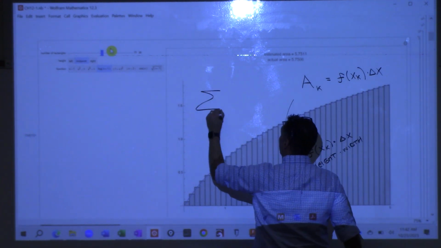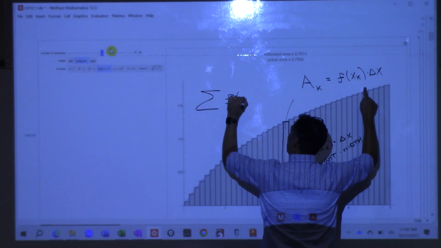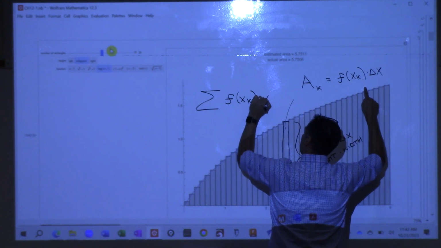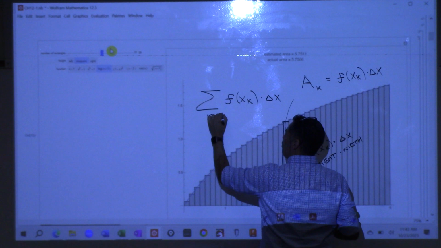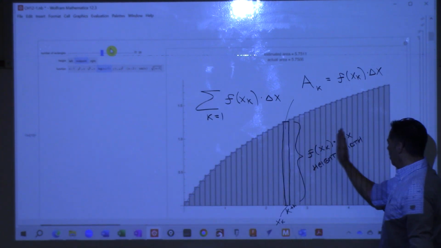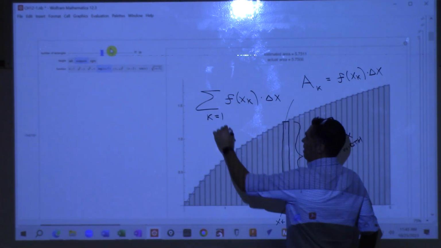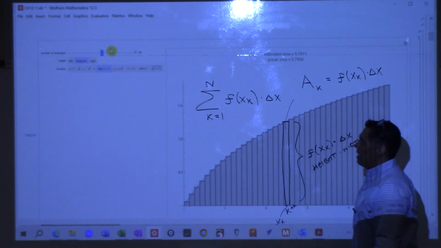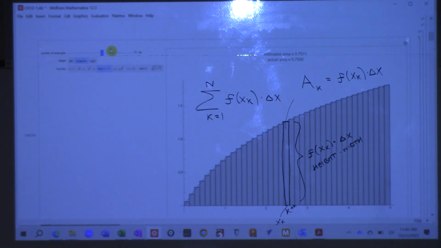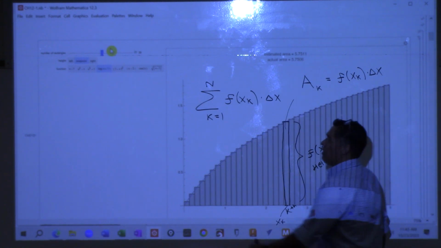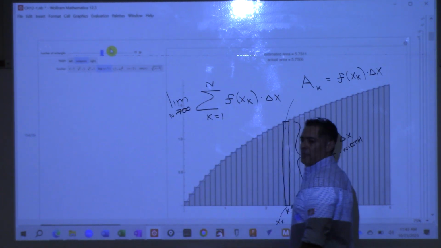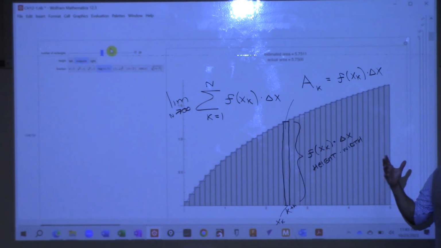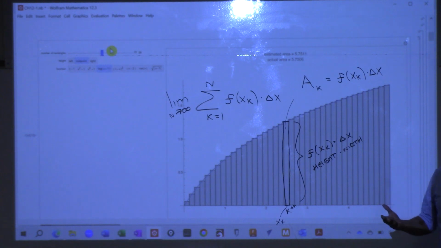We say, oh, we need to add up all of these guys, and we need to let k go from our first rectangle to our last rectangle, which we just say n. We have n rectangles. That would give us the area of the n rectangles. And then we say we want to take the limit of this as n goes to infinity, right? And that right there is where the integral sign comes from.